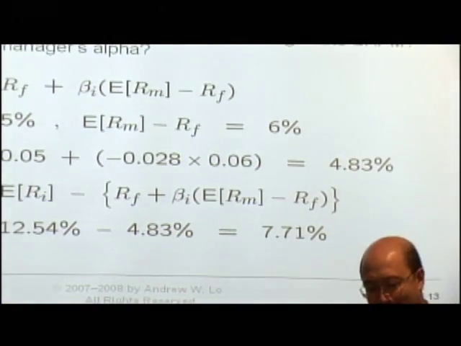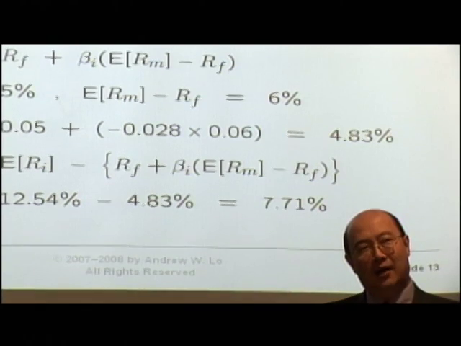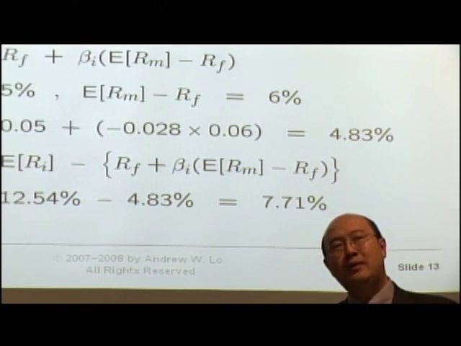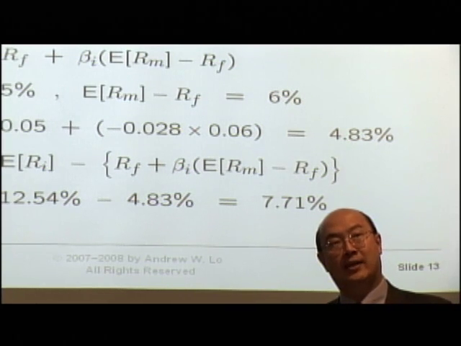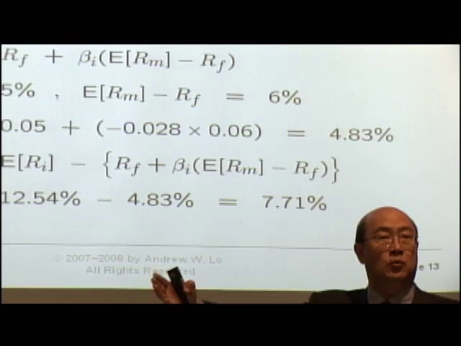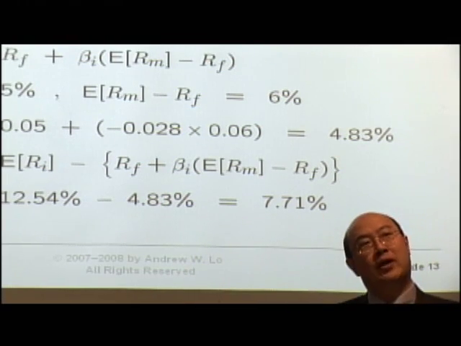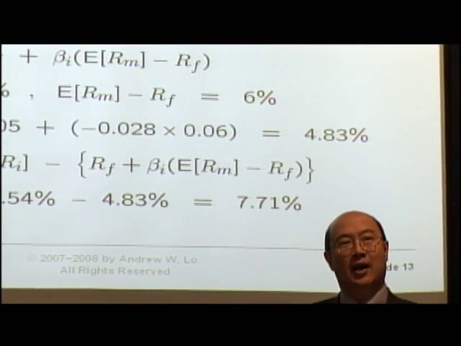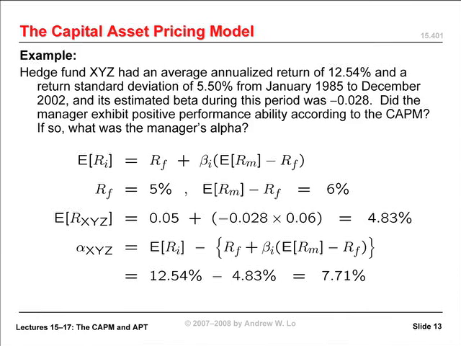So in fact, given the beta of this manager, it should have only given you 4.83% return relative to what the S&P would have given you, which is a 6% excess rate of return. And in fact, what we see is that this manager produced a 12% rate of return, or 7% above and beyond what it was supposed to have done. Okay? So this takes that into account.